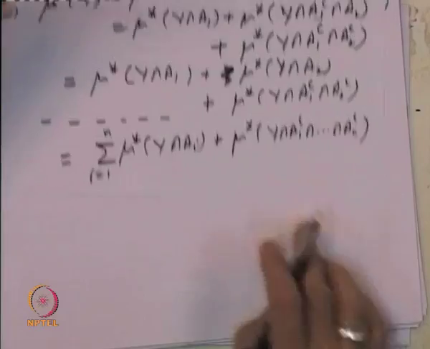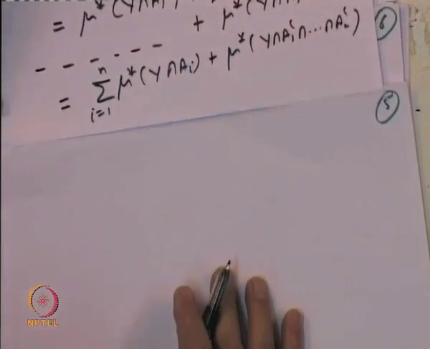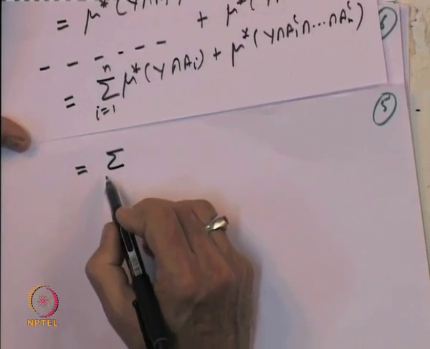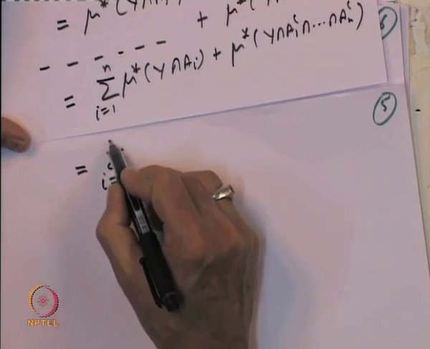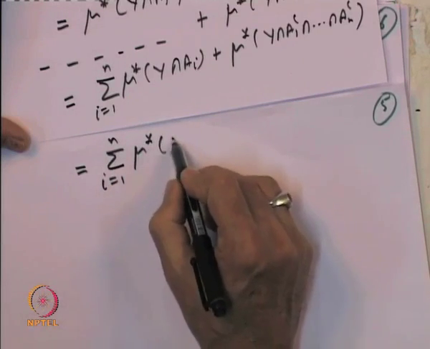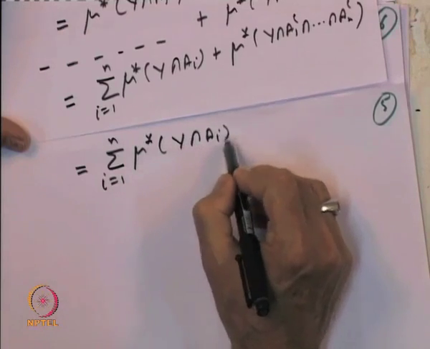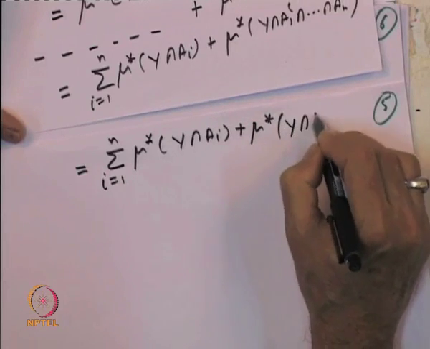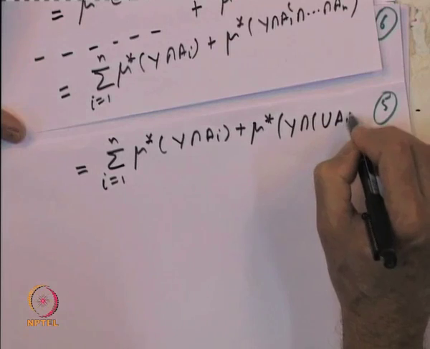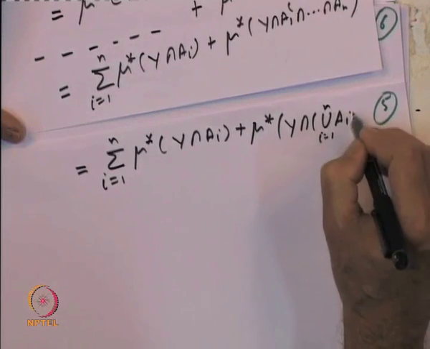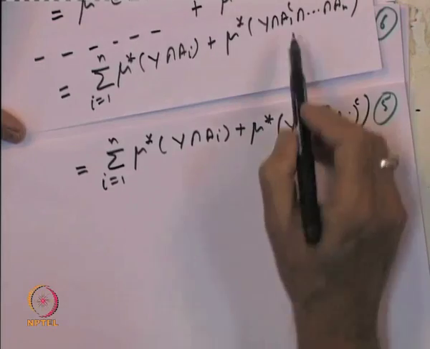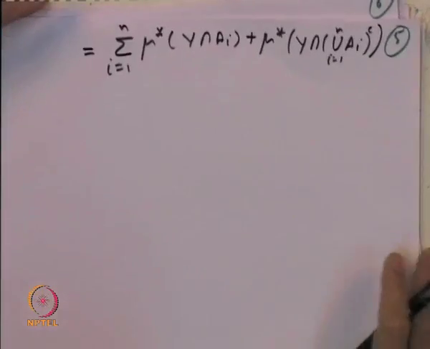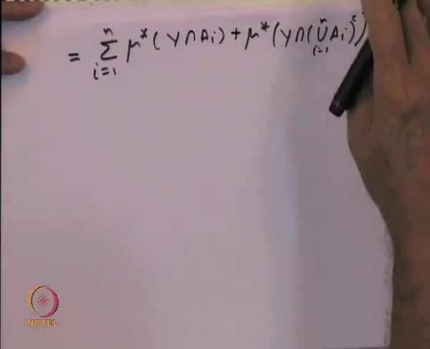Let us write this last term in terms of union. So, this is equal to the summation of i equal to 1 to n of mu star of y intersection A i, plus mu star of y intersection the complement of the union of A i, i equal to 1 to n. So, this term is represented in terms of the complement of the union. So, this is after n steps.